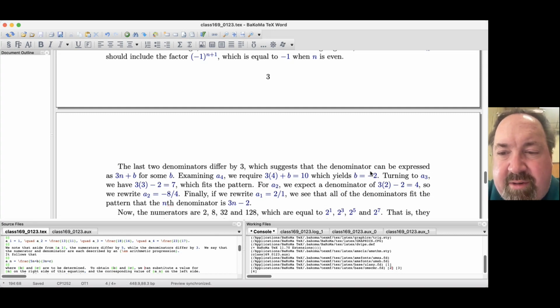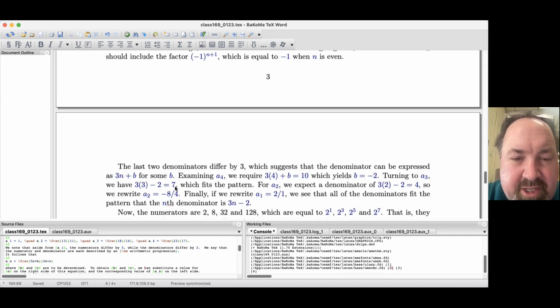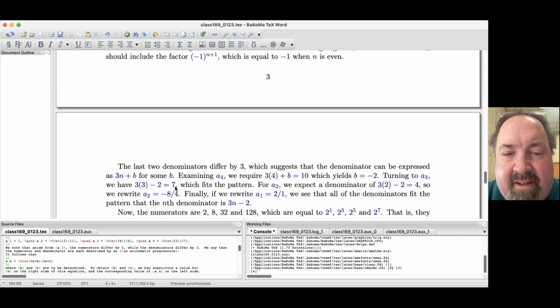Now to check that, we look at A3. The denominator in A3 should be 3n plus b when n is equal to 3. So we plug in n equal 3, we use the value of b that we got from A4, and we get 7, and that is the denominator, so that works.